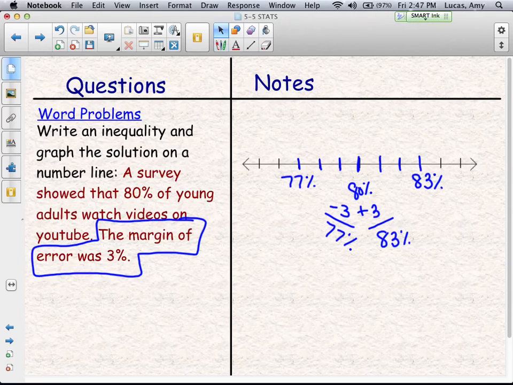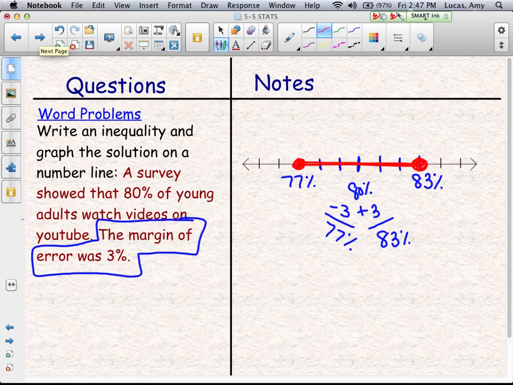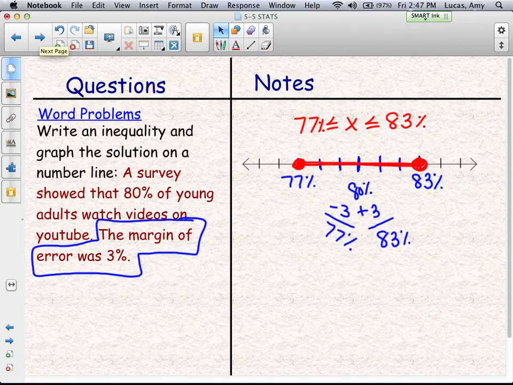So when the margin of error is 3%, it means that it might not actually be 80. It might be 3 higher or lower than 80. So it creates an interval from 77 to 83. 77 to 83. So notice that in my inequality, and even on my graph, you don't have to have the 80%.